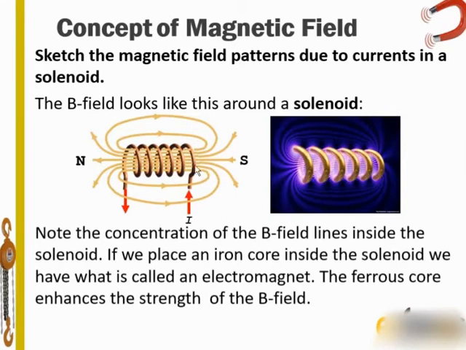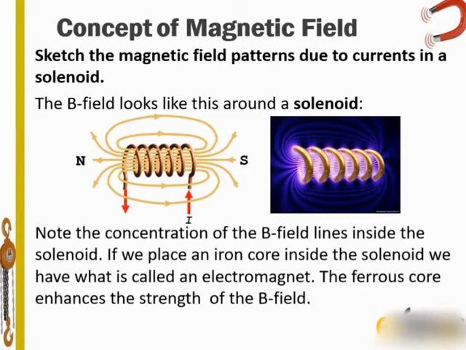Now, if we were to place an iron core inside of the solenoid, we would have produced what is called an electromagnet. What has happened is that the ferrous core, the iron core, has enhanced the magnetic field strength.